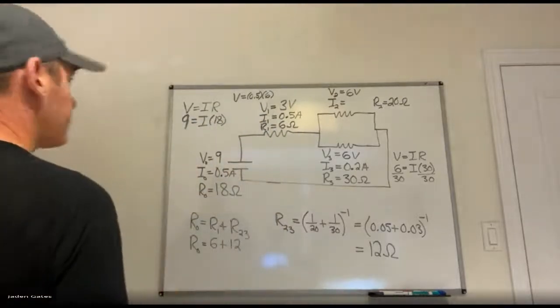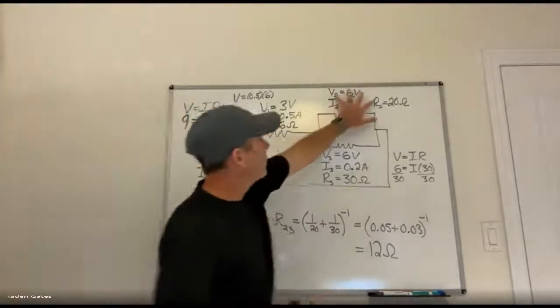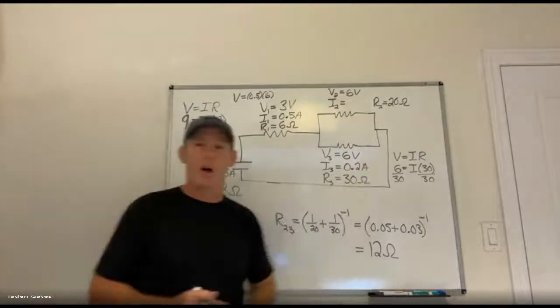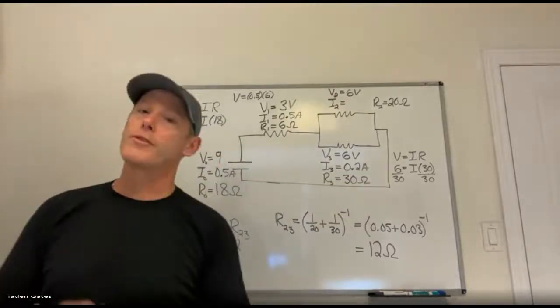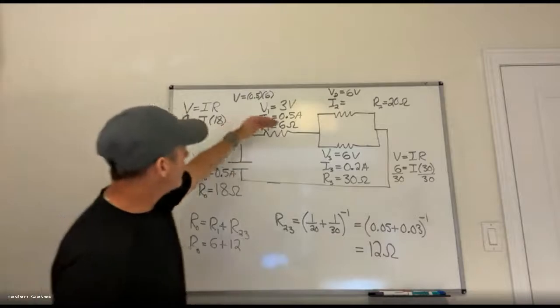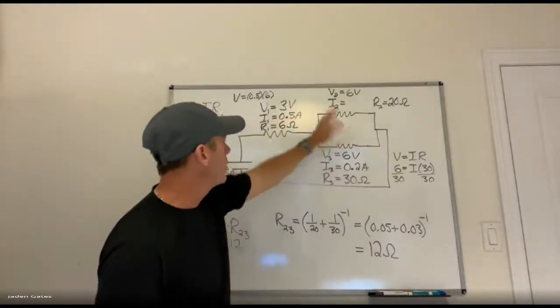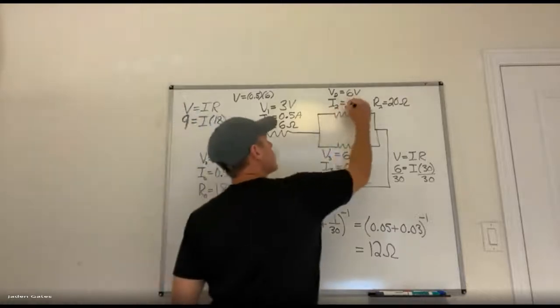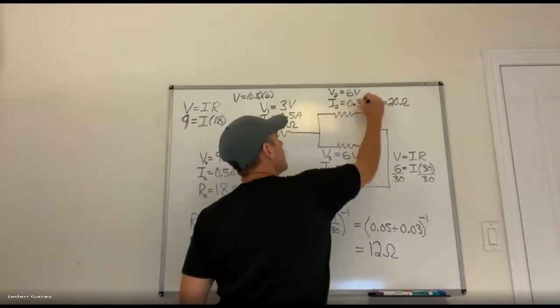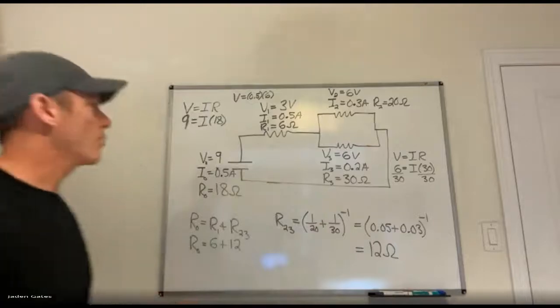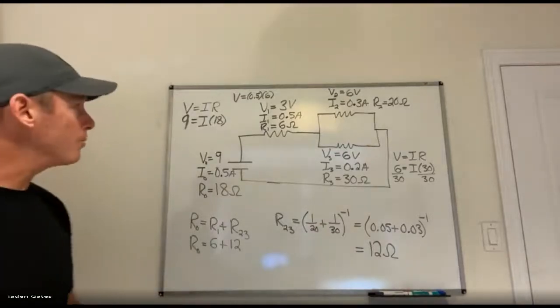Now, I could use V equals IR, but with Kirchhoff's current law, 0.5 amps come through to this spot, 0.2 go this way, which simply means 0.3 must go to our top load.